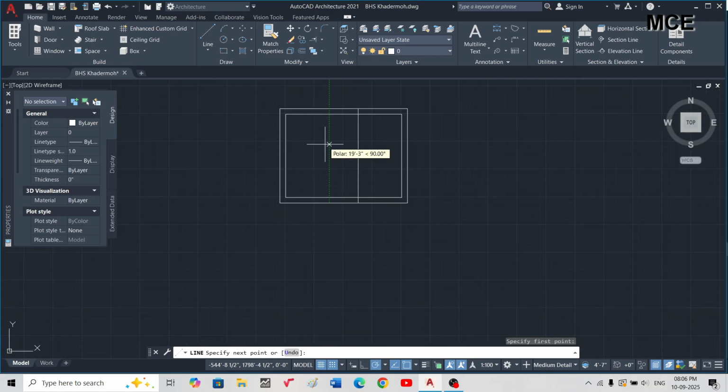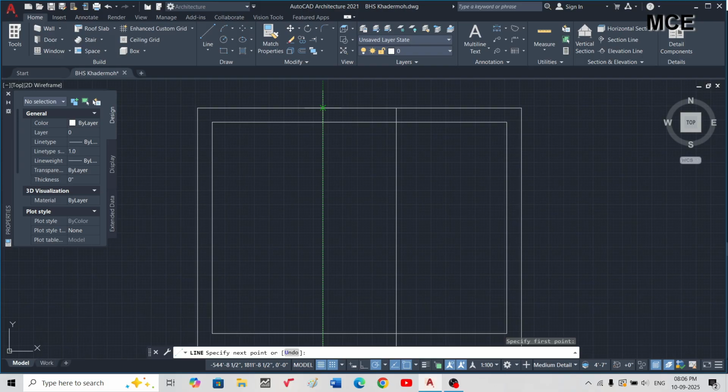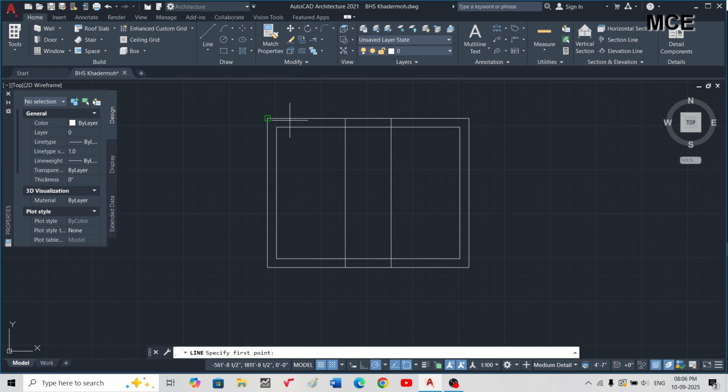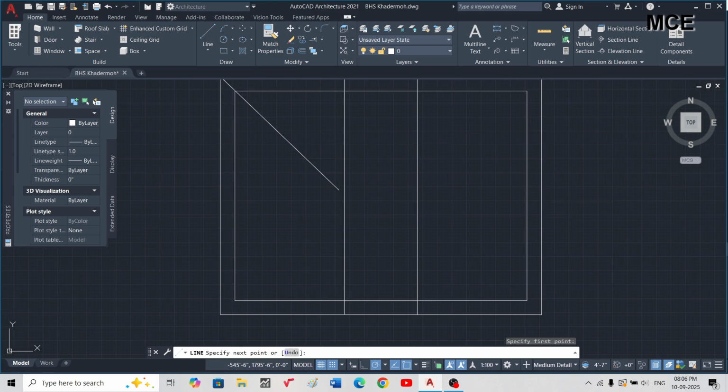So these are my two main trusses of this building, main trusses which are running parallel to the smaller side. After that you will draw the corner trusses. For the corner trusses, you will join the corner with the midpoint of these lines. This will be our corner trusses.